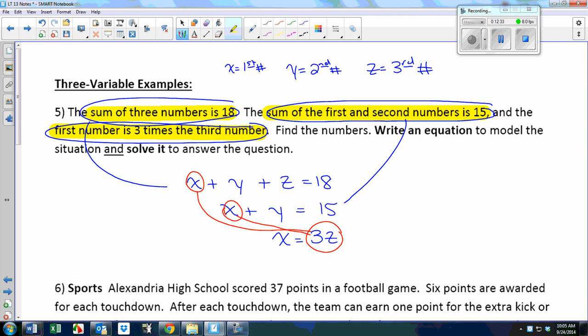It turns into y plus 3z plus z. There's a 3z here, there's a z there. It turns into y plus 4z. What happens when you put the 3z into the second equation? It's 3z plus y. That creates a Learning Target 8 with z and y only in it.